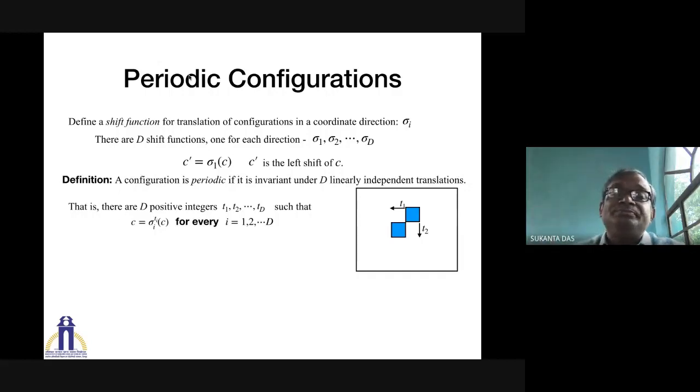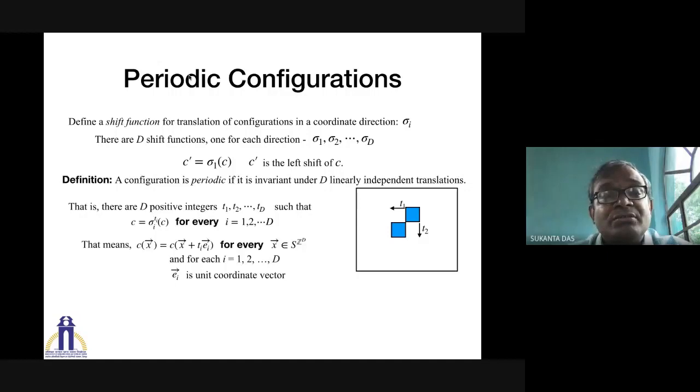So actually, this is the meaning of translation. If I write it in a more detailed way, then I can write what I've written before. That means C of x, where vector x is the position, is actually C of x plus T_i e_i, for every x in S^(Z^d), and for each i equal to 1 to d.